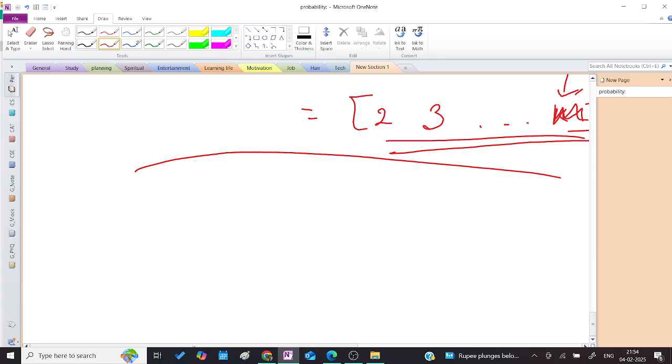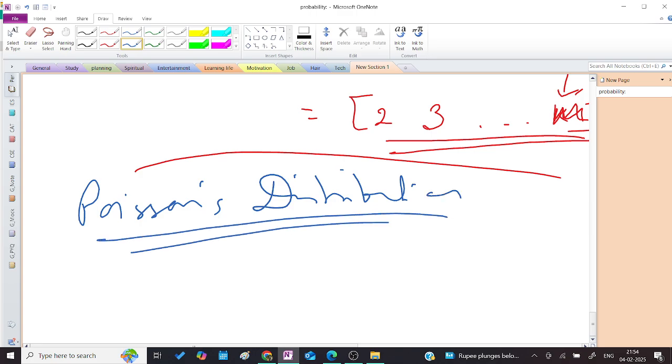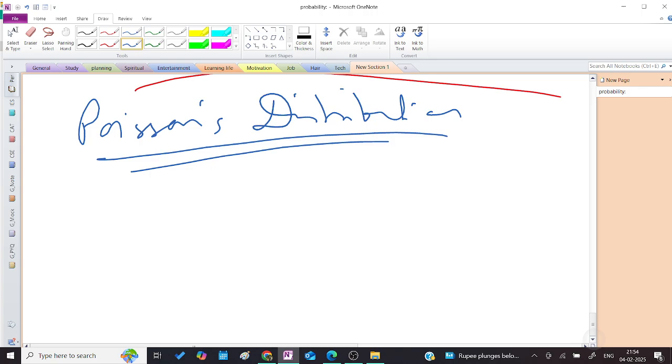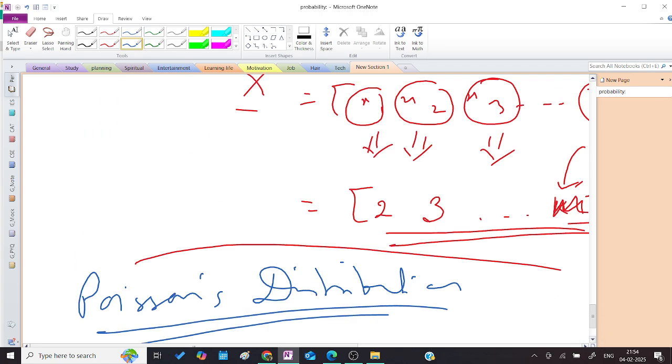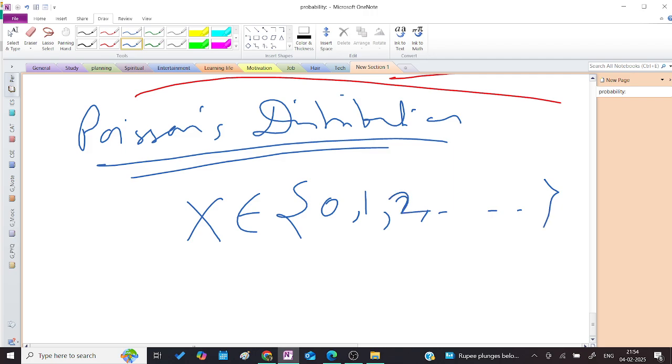And finally, Poisson's distribution. Okay, what is this? This is given by: if the random variable x can take values 0, 1, 2 up to infinity, and let us suppose there is one parameter lambda which is more than 0.